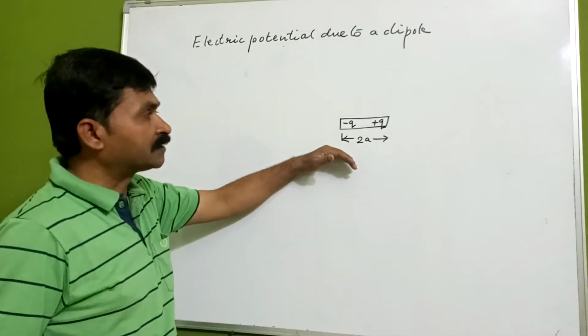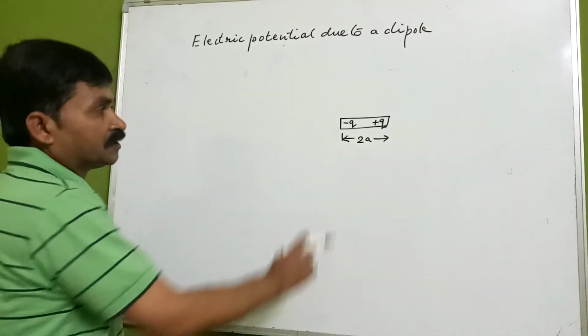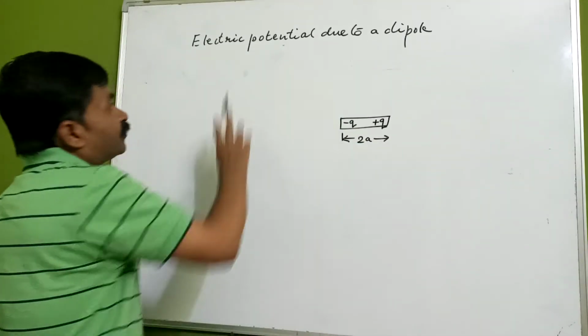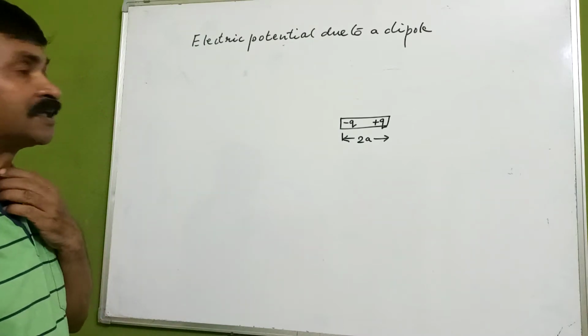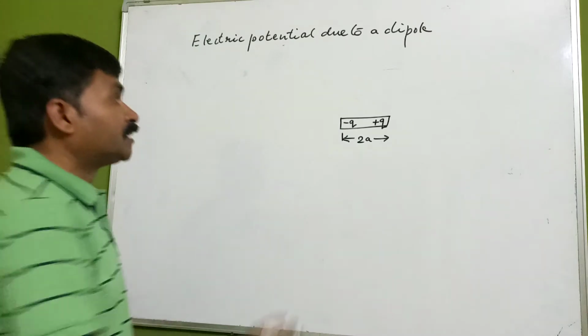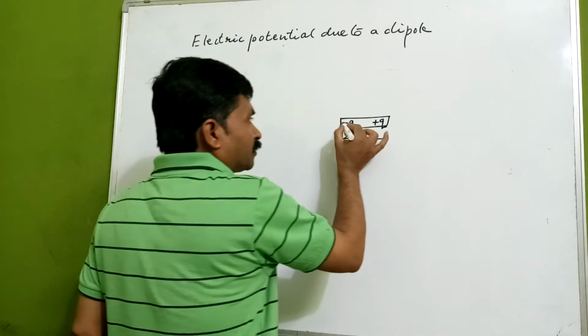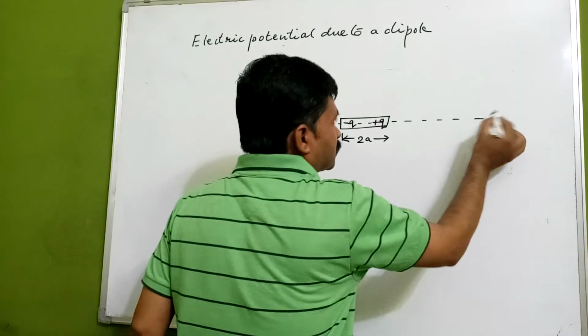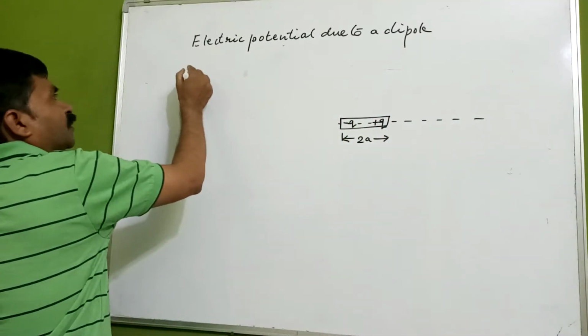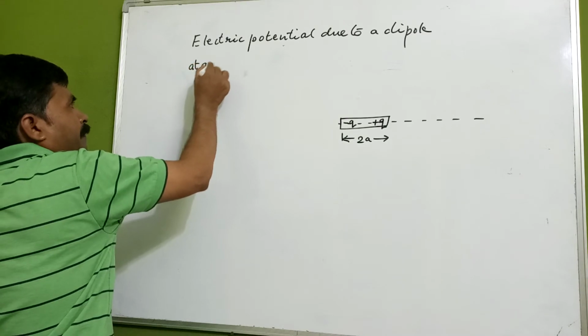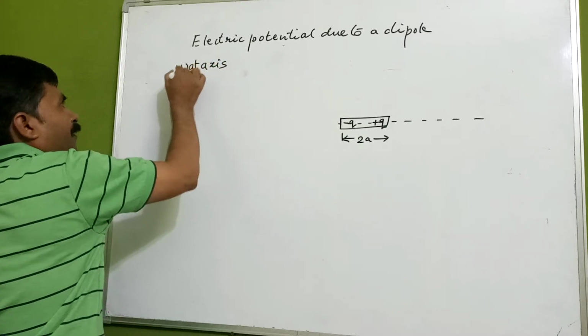So we have taken the dipole, and we have to determine the electric potential due to a dipole. First, on the axis: electric potential at the axis is the first point we are going to discuss.